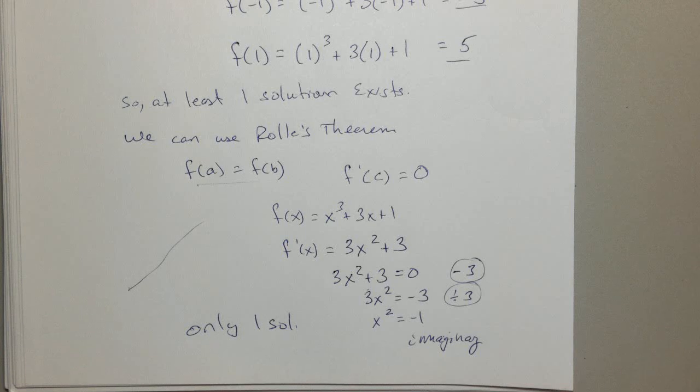If you can make it equal 0, that means it bends, either up or down. That means you can have more than one solution, because you can have as many solutions as you have places where the derivative equals 0. So if that one doesn't work, we can't do it. So that's Rolle's theorem.